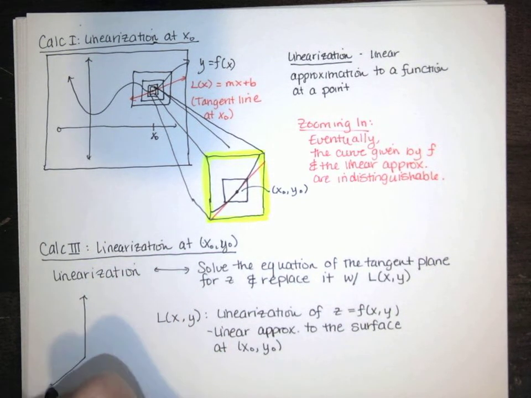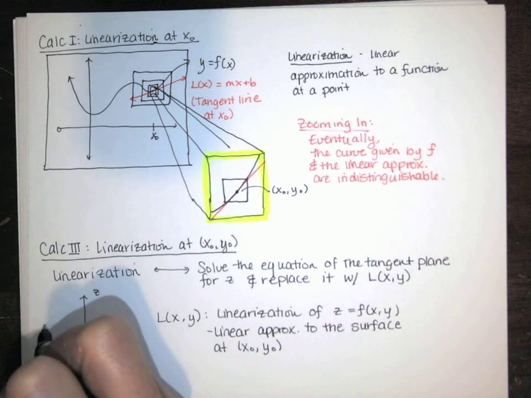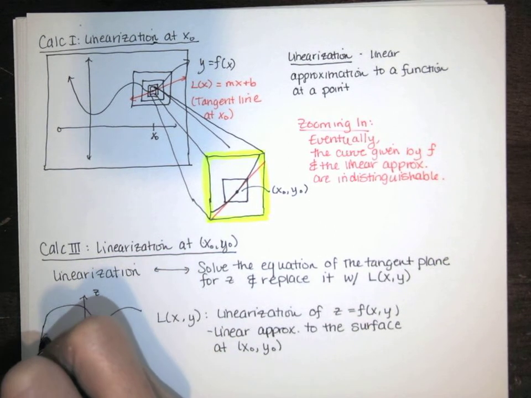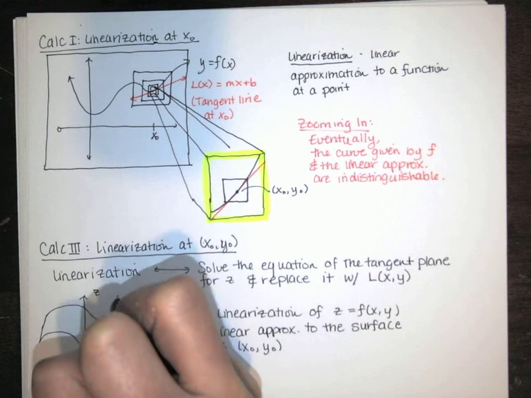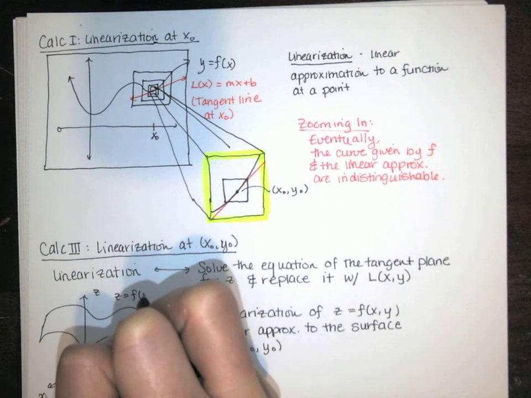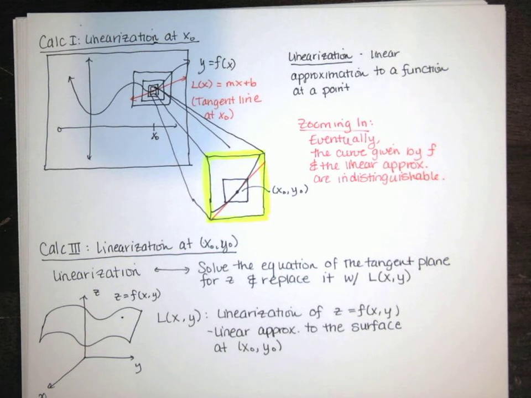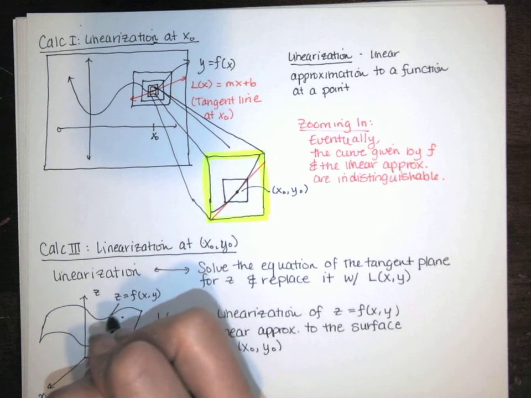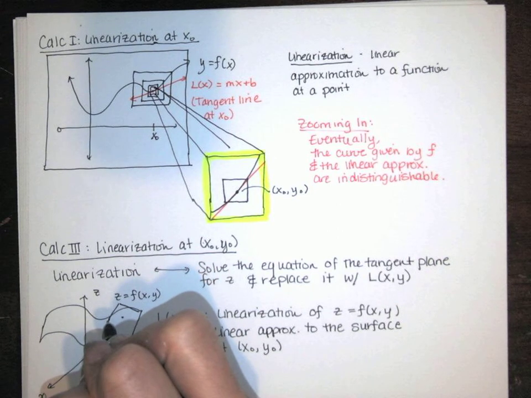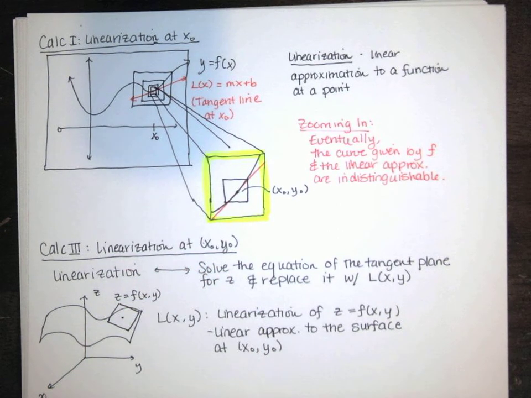Now let's look at our cartoon picture of a general surface. So here's z equals f of x y. And we're at some point on the surface where it's nice and smooth. There are no folds in the surface, no sharp corners. And we get something like this.